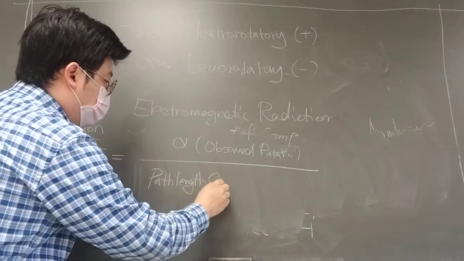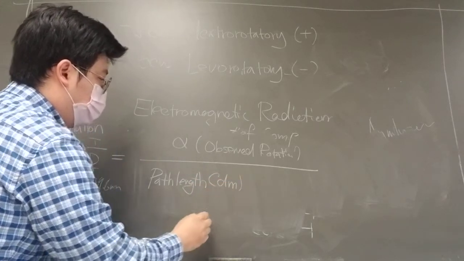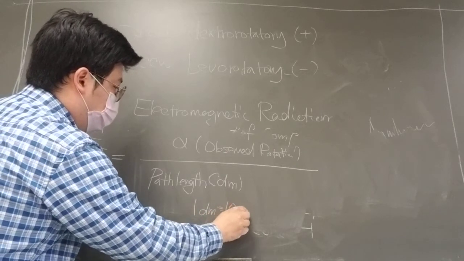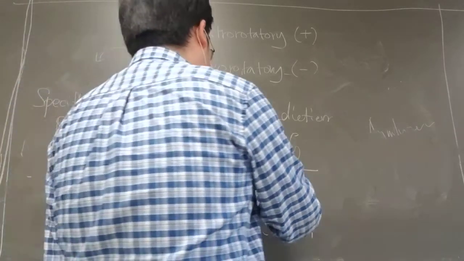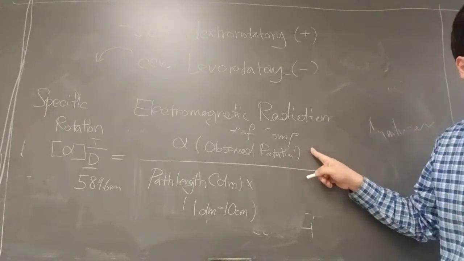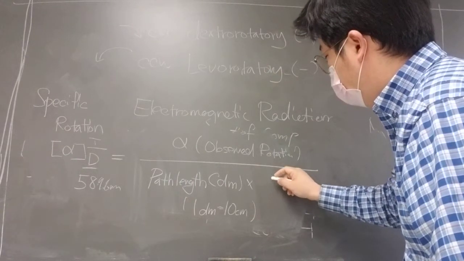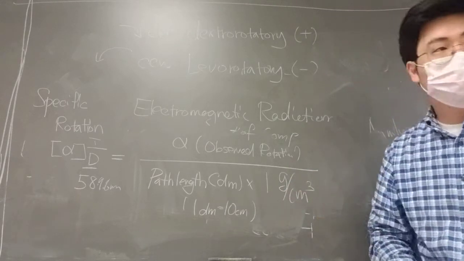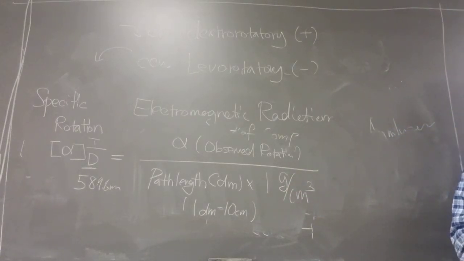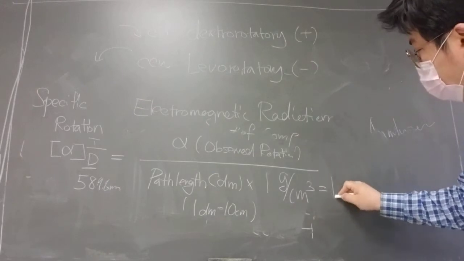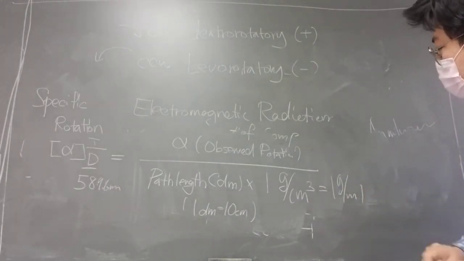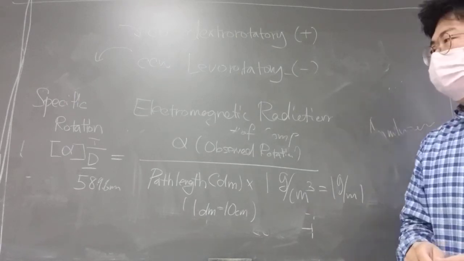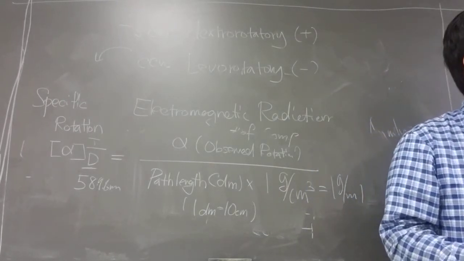We're going to use decimeter, so 1 decimeter is equal to 10 centimeters. And it will also be governed by concentration. We're going to use gram per centimeter cube, or you can say gram per mL. Gram per mL, gram per milliliter, or gram per centimeter cube is the same thing, right?